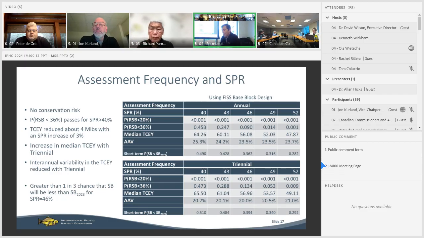But what you've got to take into consideration there, one, there's a lot of uncertainty in the stock assessment as well. So we're starting at various points in 2025 for these simulations and then projecting into the future. And these are short-term median TCEY, so this is an average over projections 4 to 14 years into the future.